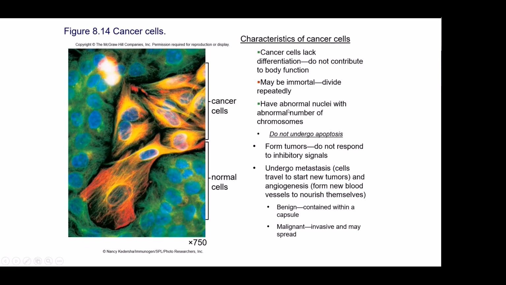But it does not go through apoptosis. Tumors themselves are not going to be broken apart by any internal immune system response, because technically they're just really not good parts of you.